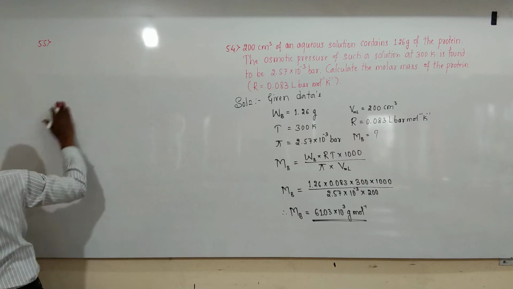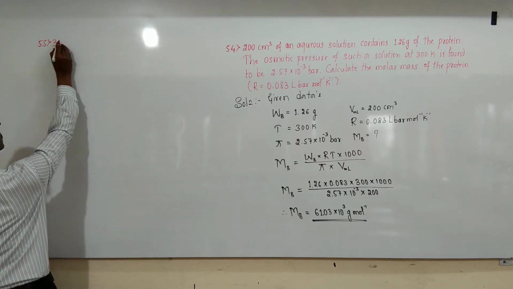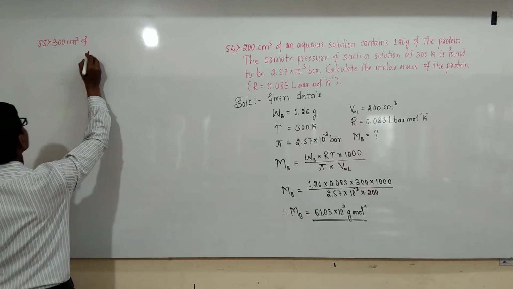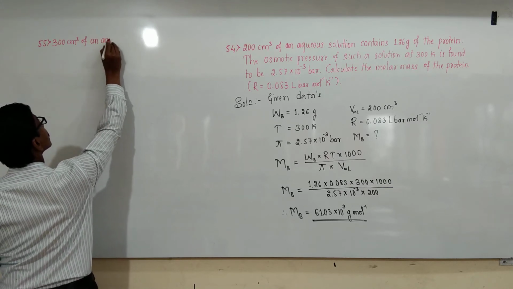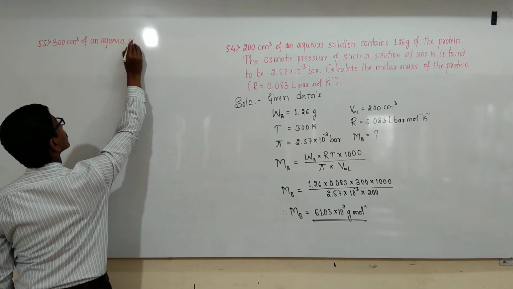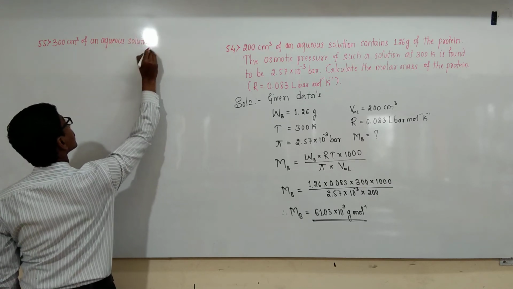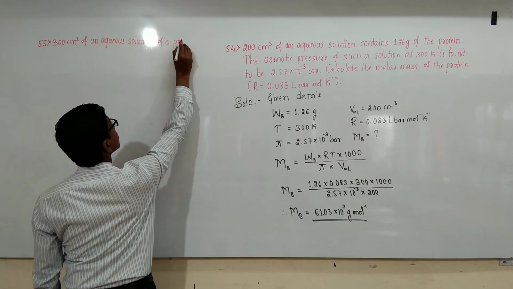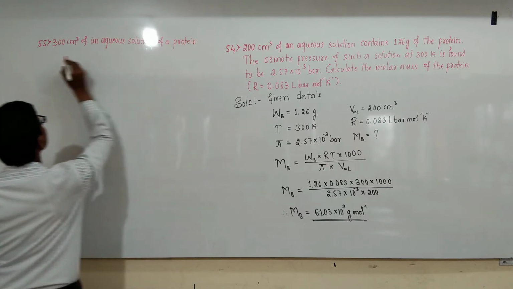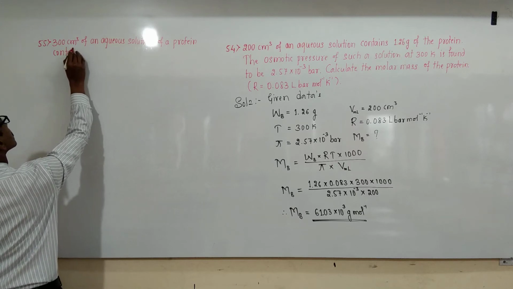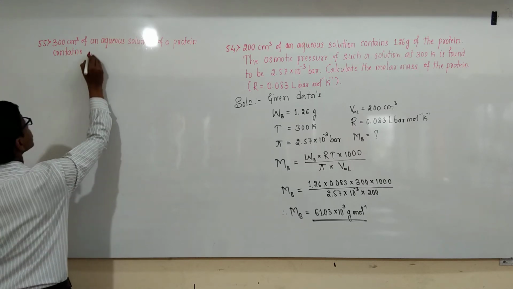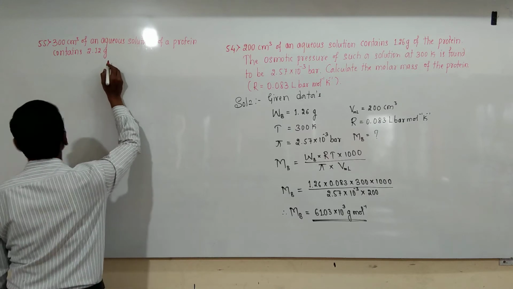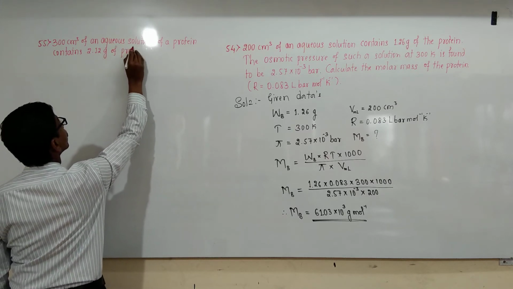Next is 55. 300 cm cube of an aqueous solution of a protein contains 2.12 gram of protein.